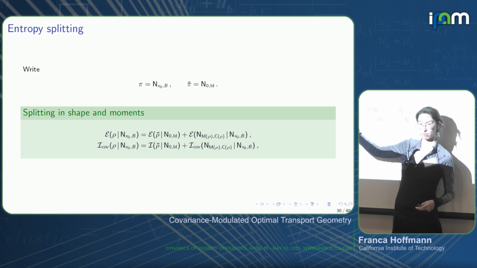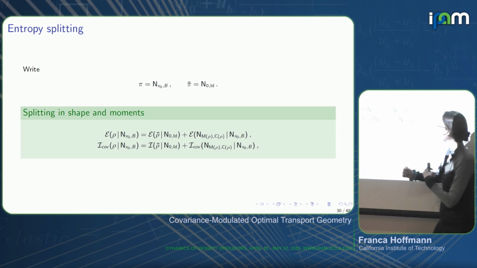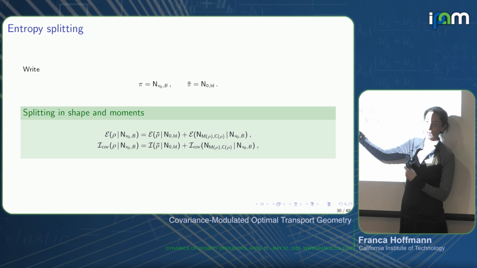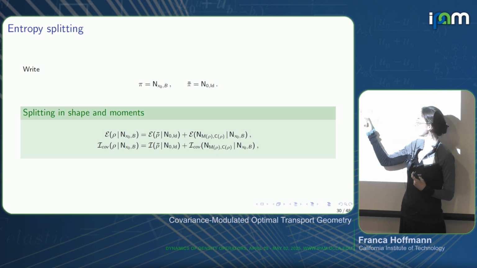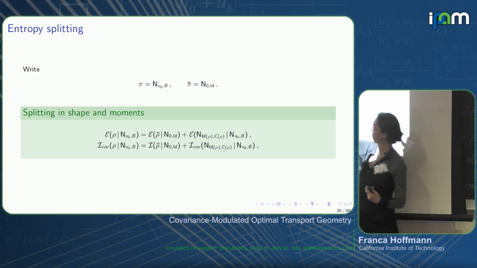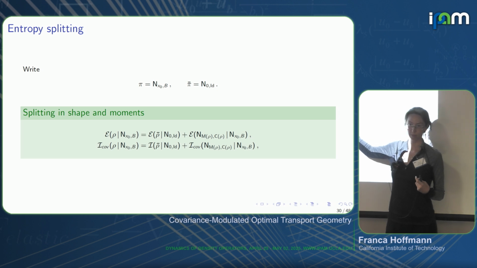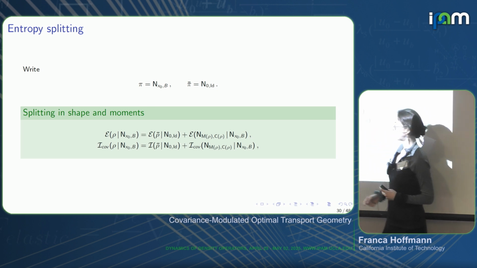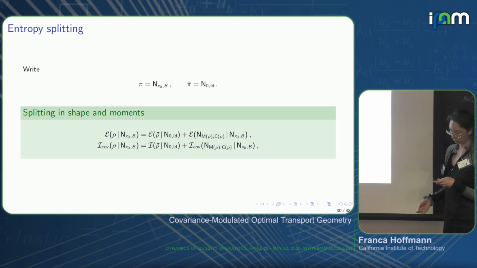This is the difference in shape. Then I compute the mean and covariance of my rho, look at the Gaussian with that mean and covariance, and compare it to the target. For KL, you have a very nice explicit expression for this. Similarly, you also get a splitting for the Fisher information.